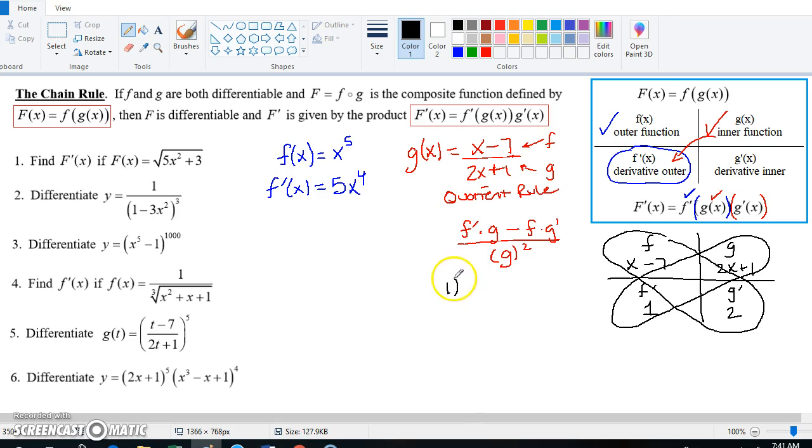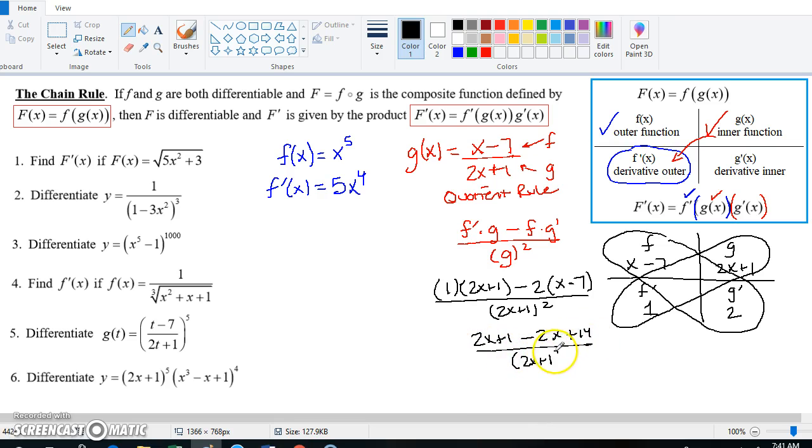So let's take a look. We're going to have 1 times 2x plus 1 minus 2 times x minus 7 all over 2x plus 1 squared. Okay, simplify the numerator. That's just a linear expression on the numerator. We're going to get 2x plus 1 minus 2x plus 14, and the 2x's drop, and we're left with 15 over 2x plus 1 squared.